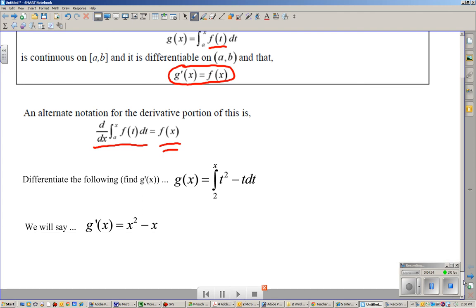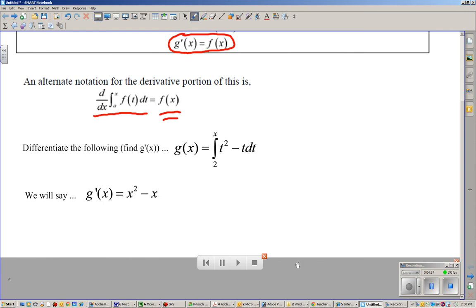So let's talk for a moment about how it is that this works by doing it longhand. And what do I mean by that? Well, let's take this integral, which goes from 2 to x, this integral that we've labeled as g. And let's think about what would happen if we actually perform the integration.